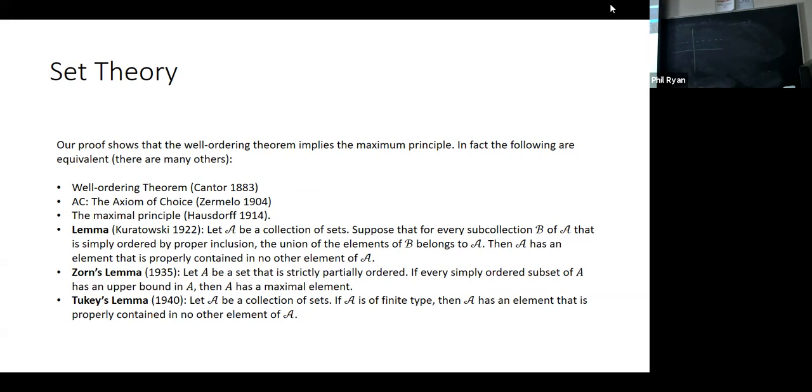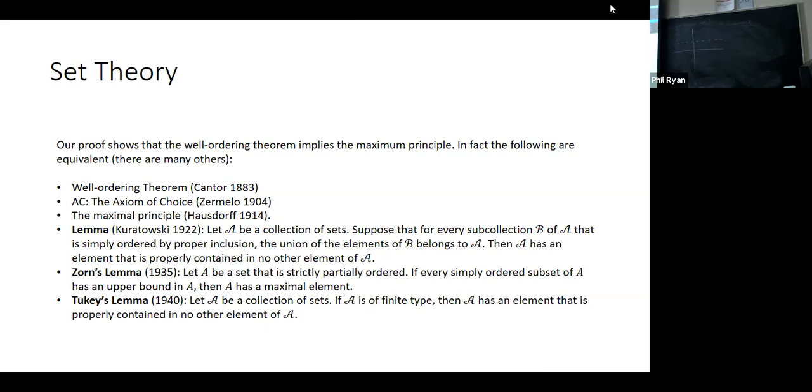He came up with something: you've got a collection of sets A. Suppose every sub-collection B that is simply ordered by proper inclusion has the union of its elements belonging to A. Then A has an element that is properly contained in no other element of A. That's really just another way of saying Zorn's lemma, which says that for a strict partial order, if every simply ordered subset of A has an upper bound in A, then A has a maximal element. That's the one you've probably heard of for proving that a vector space has a basis.